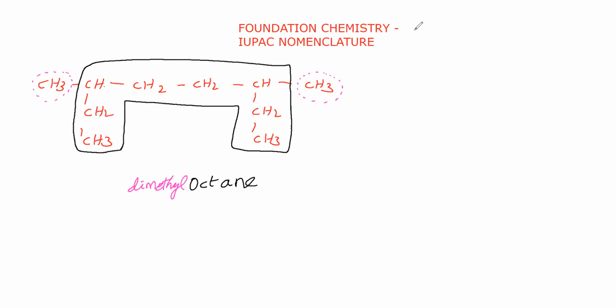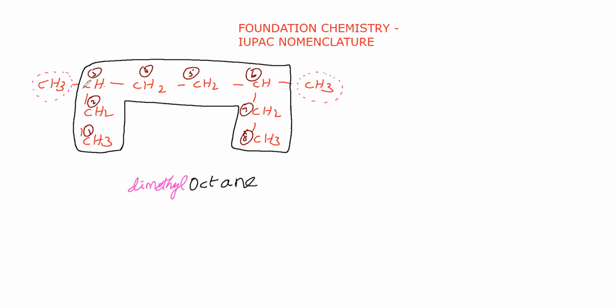For which we have to give numbering. You start from either the left extreme of the parent chain, otherwise the right extreme of the parent chain. Suppose we are starting from here, number 1, here 2, here 3, 4th carbon, 5th, 6th, 7th, 8th carbon in the parent chain.